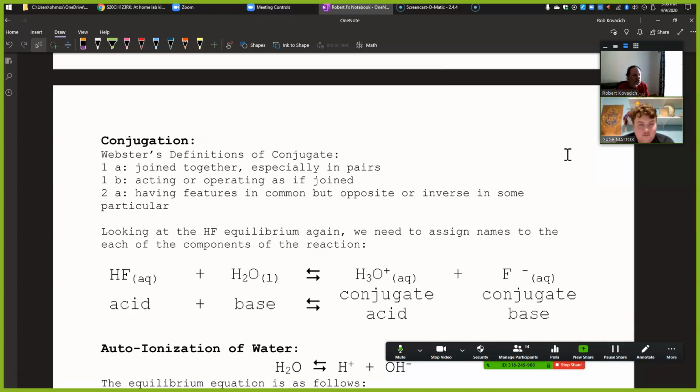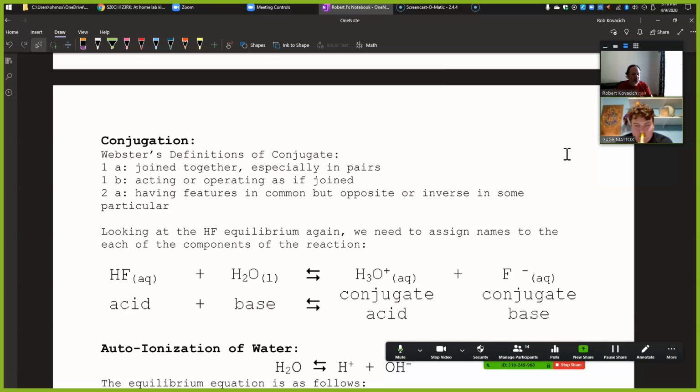So conjugation can be things that are joined together, like a couple of people that are married, or they're opposites of each other, like a male and a female. They have something in common, but they're still opposites, like a bolt and a nut. One is kind of useless without the other.